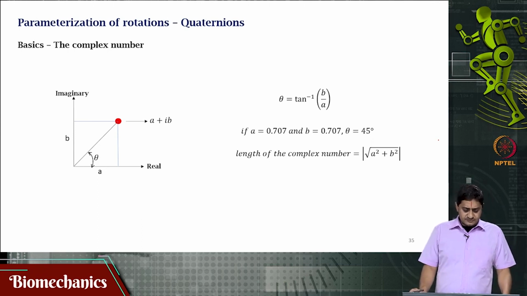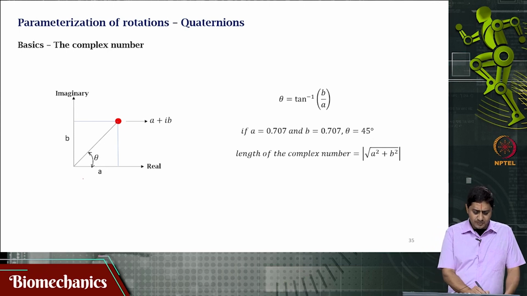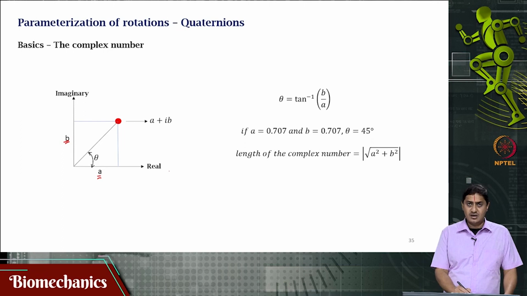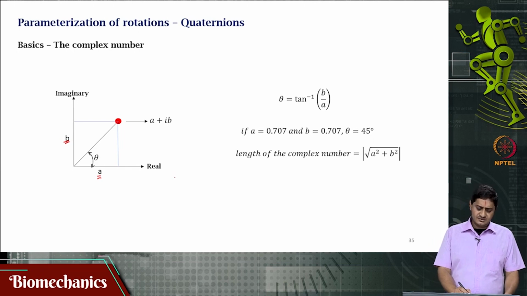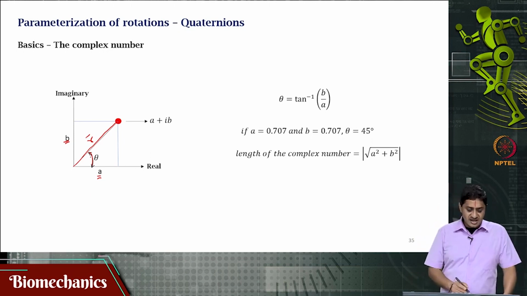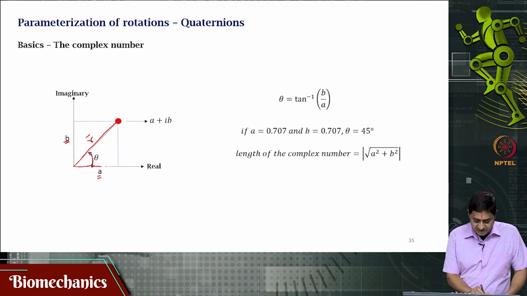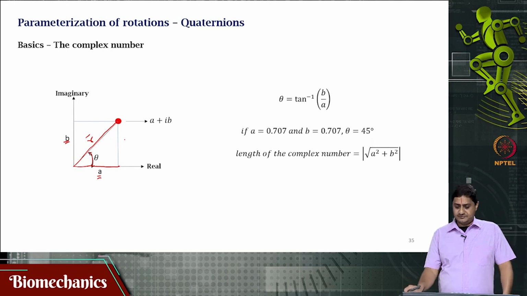This has a component a along the x axis and a component b along the y axis. Now, I can represent this also as a vector and an angle, that rotation. It is as if I have taken this vector along the real axis and rotated it by that angle theta.